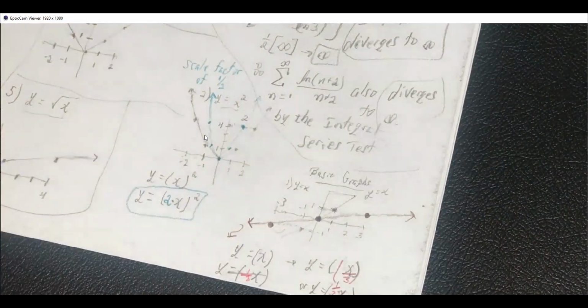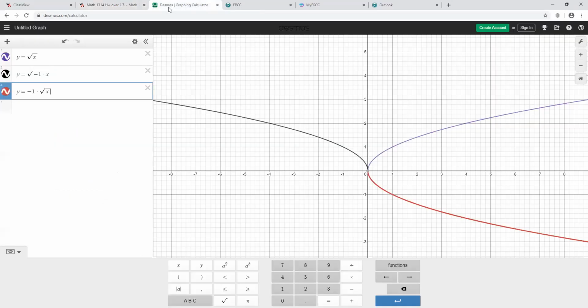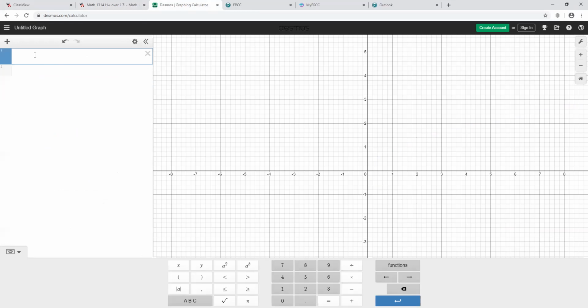If it's inside, maybe I'll do it this way. y equals x squared.